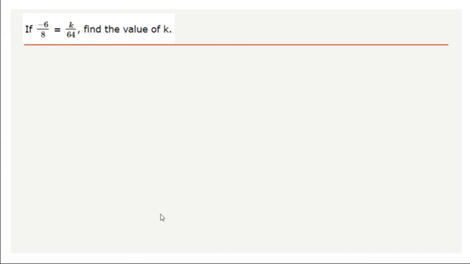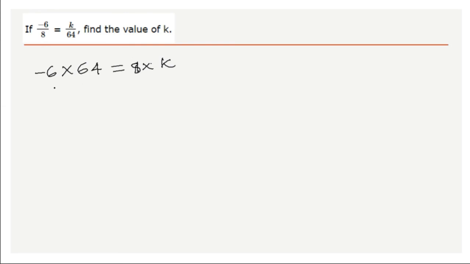There can be a question where the rational numbers are given as equal and we have to find the unknown. Here, if minus 6 by 8 is equal to k by 64, find the value of k. We know that the numerator of the first, when multiplied with the denominator of the next, will be equal to the denominator of the first multiplied by the numerator of the next.